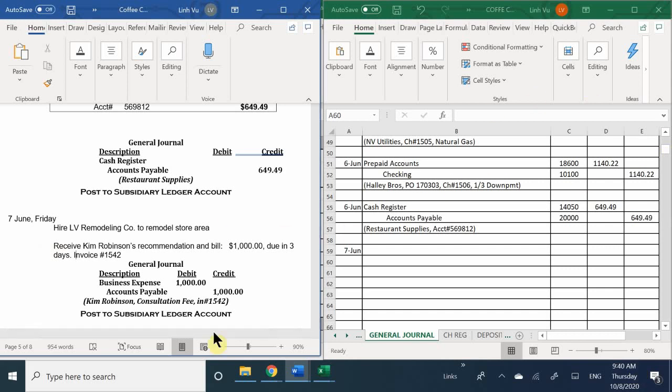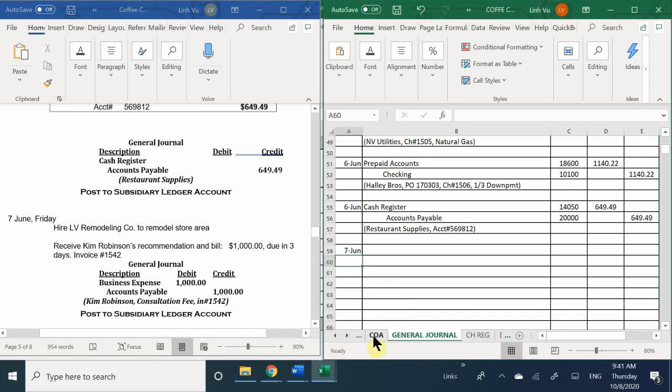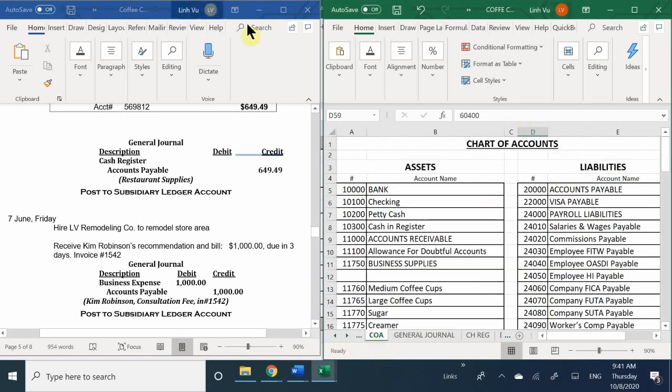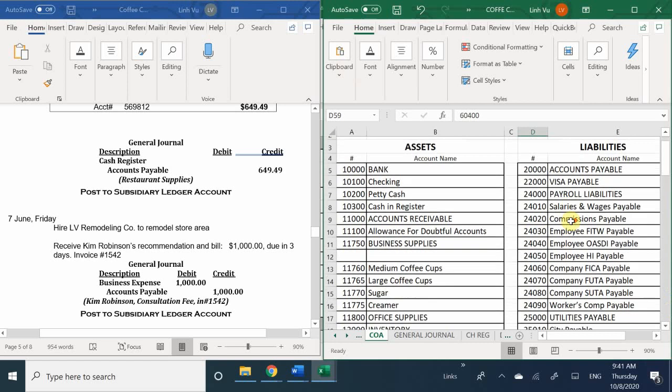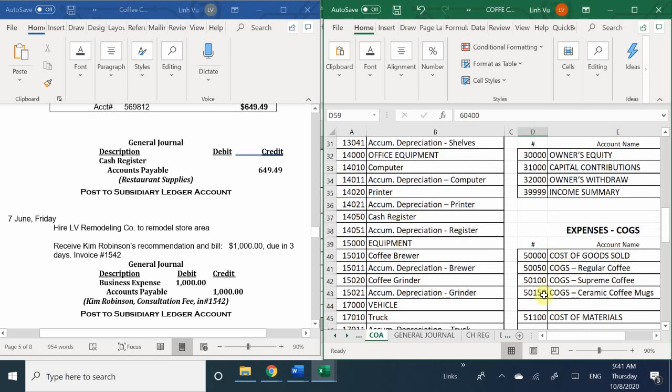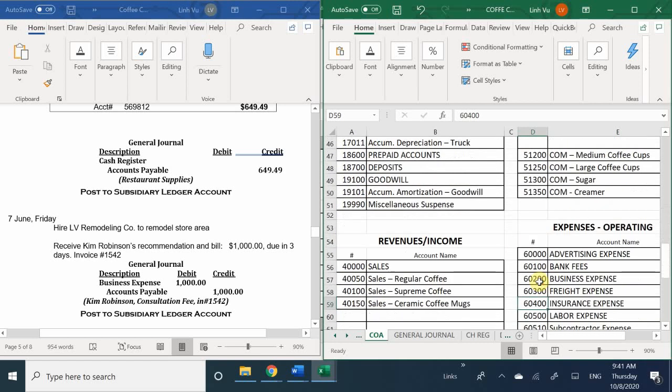Okay? So let's go ahead and check out our chart of accounts to see if we have an account called business expense. Yeah. All right, what number is that? 6,200. 6,200 for business expense. Okay, so I'm going to go ahead and go to my journal, right?